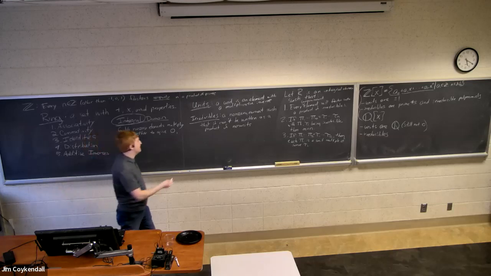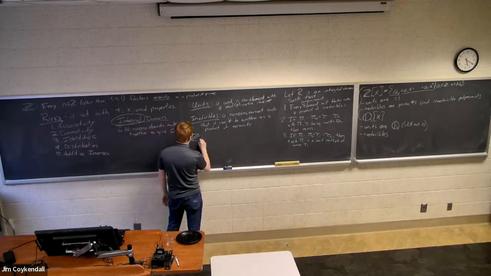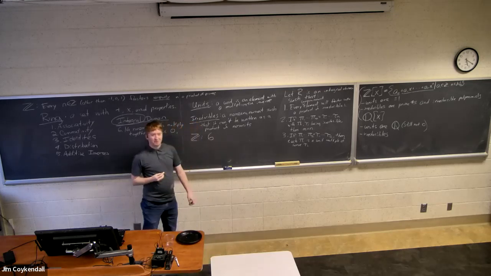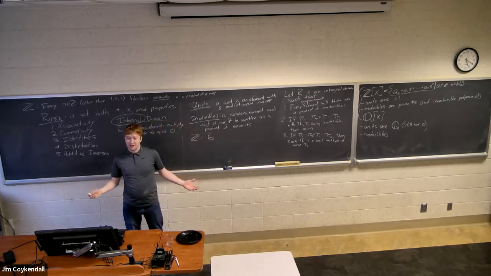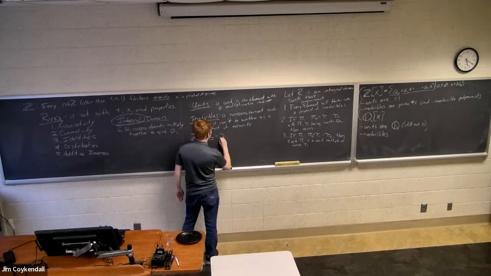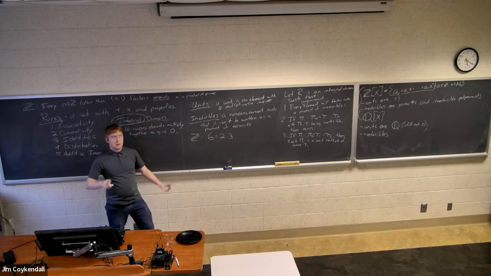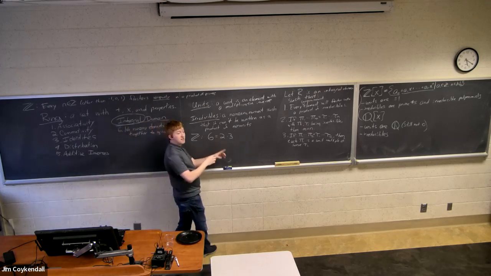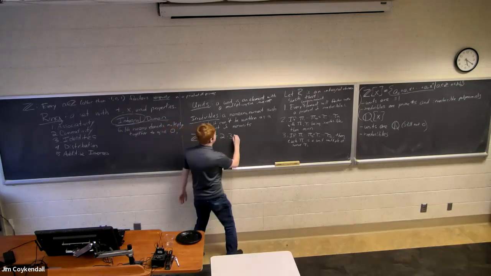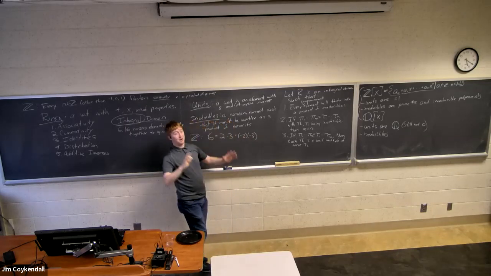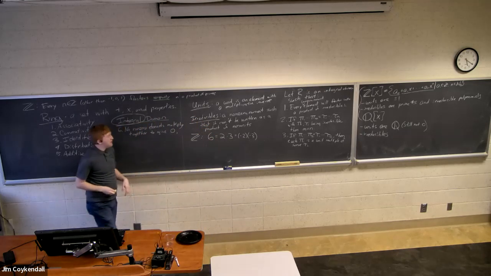Let's take a look at Z as an example. And let's say I'm talking about 6. Well, 6 is a pretty easy thing to factor. We can factor this into 2 times 3, right? Pretty straightforward. But did you know, fun fact, 6 is also -2 times -3. Oh, crazy stuff.